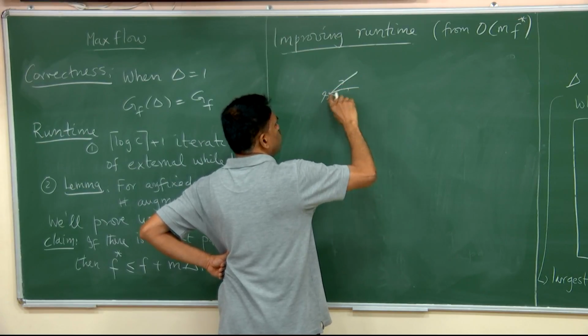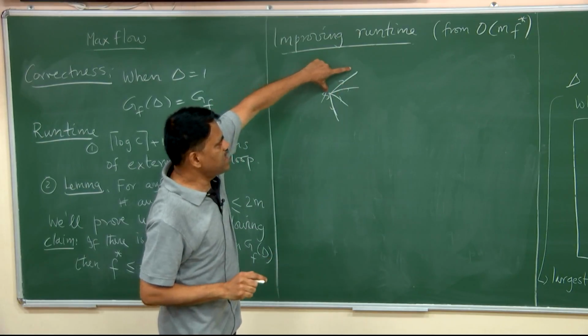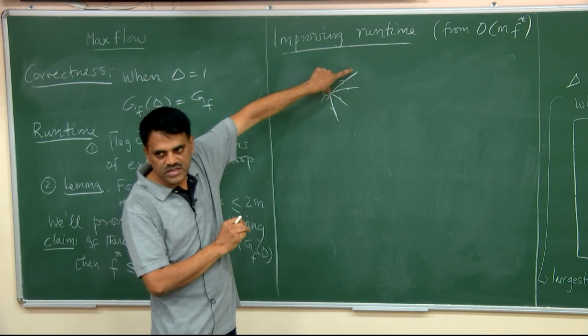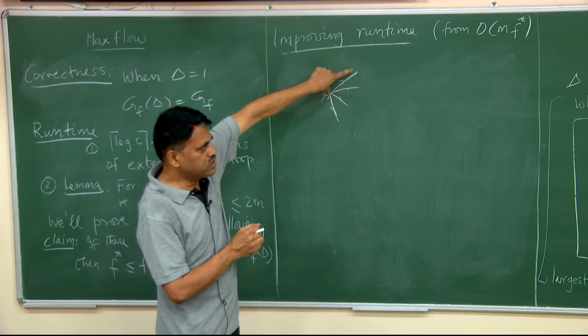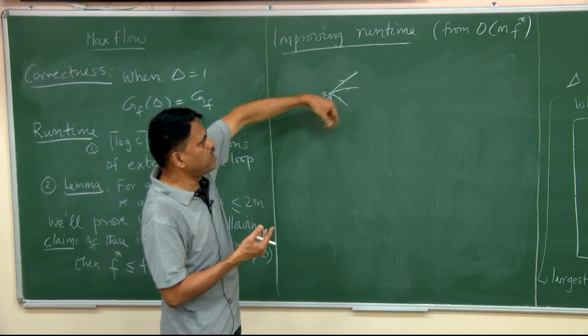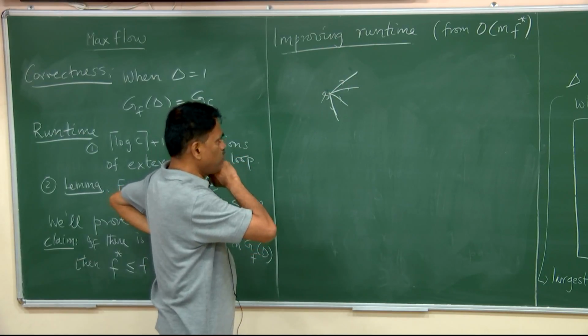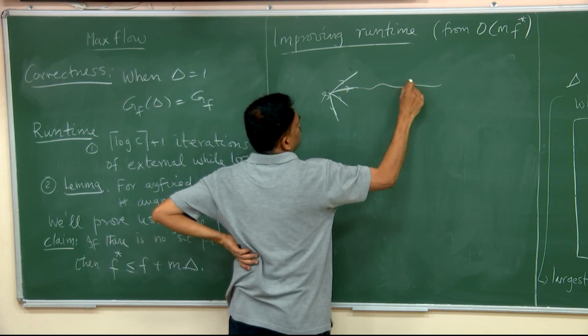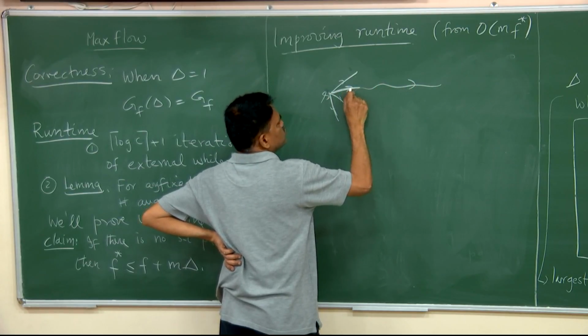any edge out of S will not participate in more than one augmentation for a fixed delta. Let's argue why, right? Because initially when I start off, delta is basically based on the max value of these edges, right? So suppose I manage to use this edge and augment a flow.